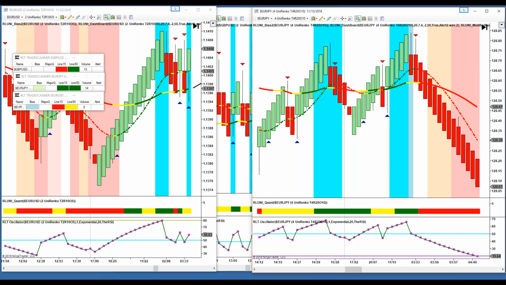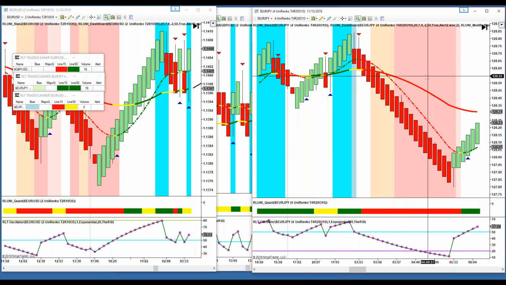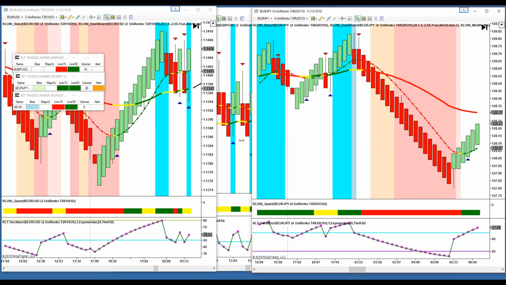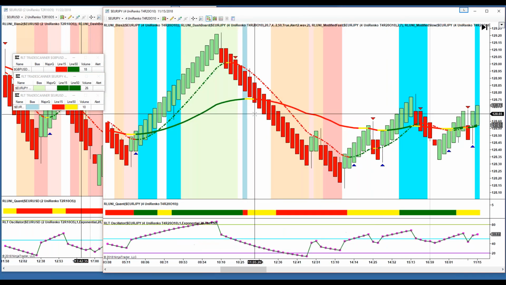And every time it crosses to the upside, you're going to get an up. Now, these are heads up signals when we trade on a discretionary basis, but we're only going to take these entries when we get background bias and we have the quant line. Everything has to align, and you're not even going to get a signal. So you don't even have to worry about it.